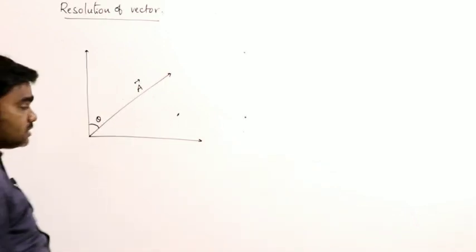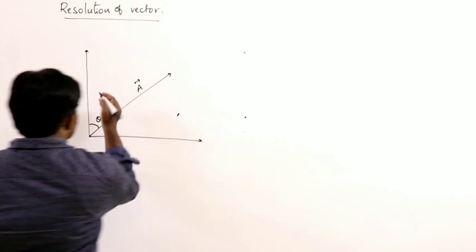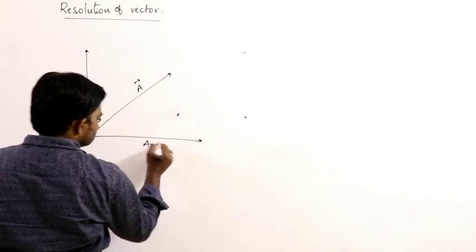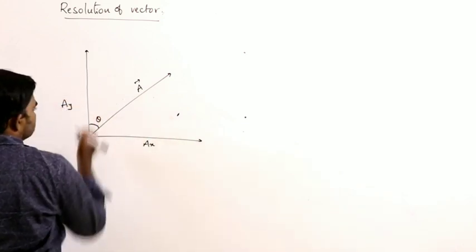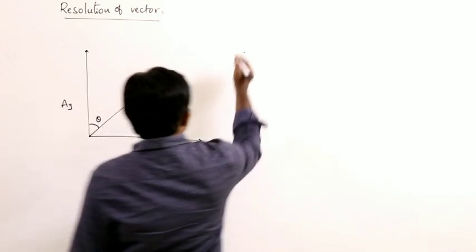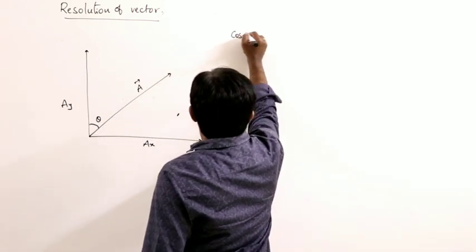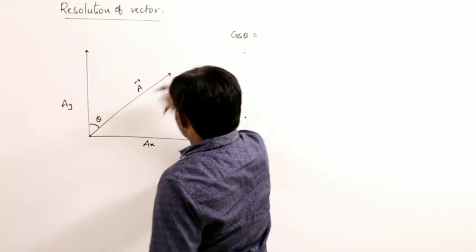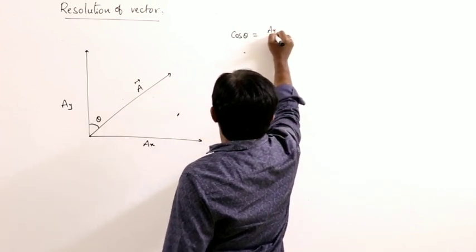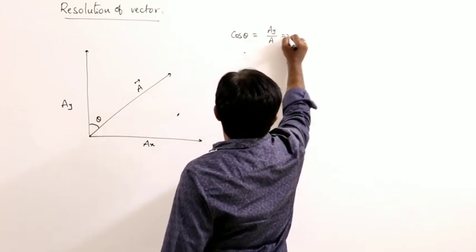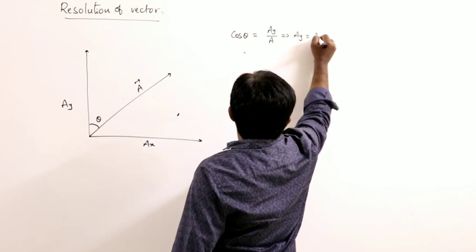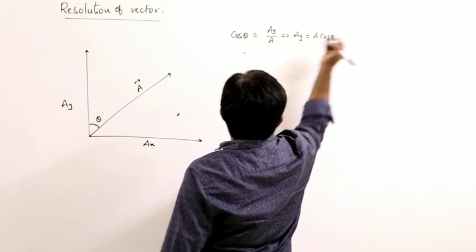Let us say A bar makes an angle theta with vertical. So, let us say this is horizontal AX, vertical AY. From this, cos theta can be written as adjacent side by hypotenuse, that is AY by A. So, from this we can write AY equals A cos theta.